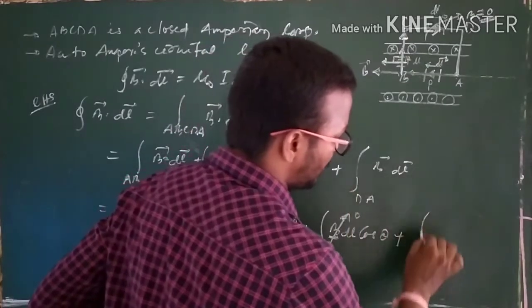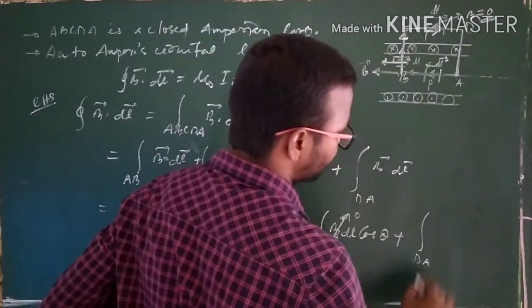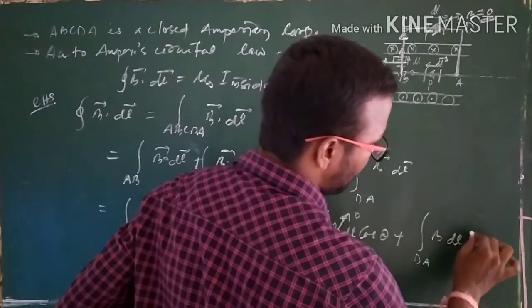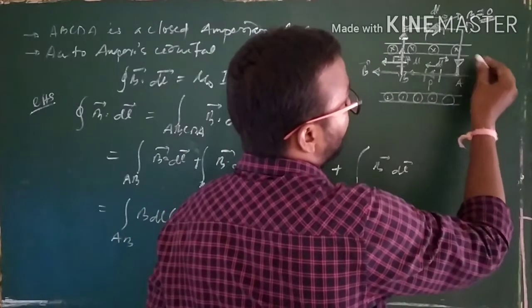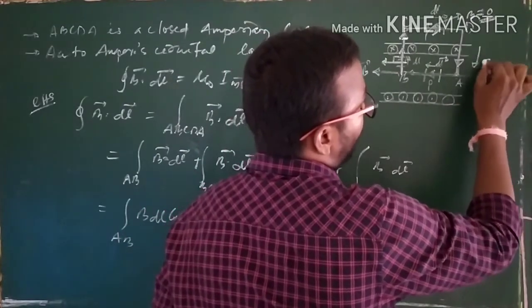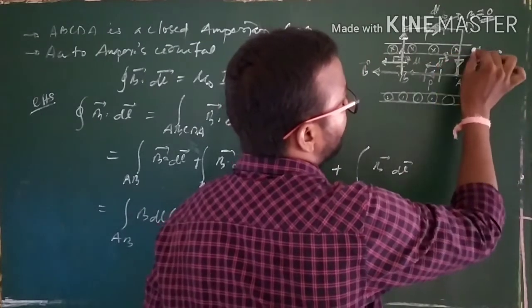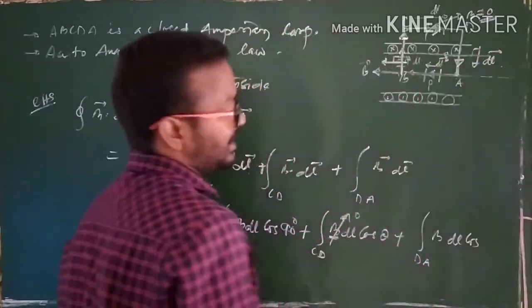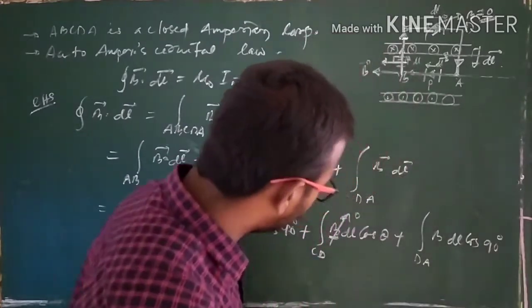Next, D to A: B dl cos theta. This is the direction of the Amperian loop and the direction of the dl element, and this is the direction of the magnetic field B, and the angle between them is 90 degrees.